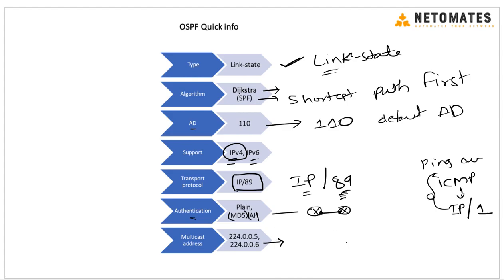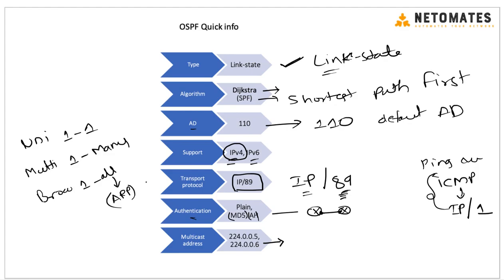We learned in the previous classes that there are mainly three types of traffic. One is unicast, which is one-to-one communication. Next, multicast is one-to-many, and broadcast is one-to-all. An example of broadcast is an ARP request, which goes from one PC to all the devices in the same network.